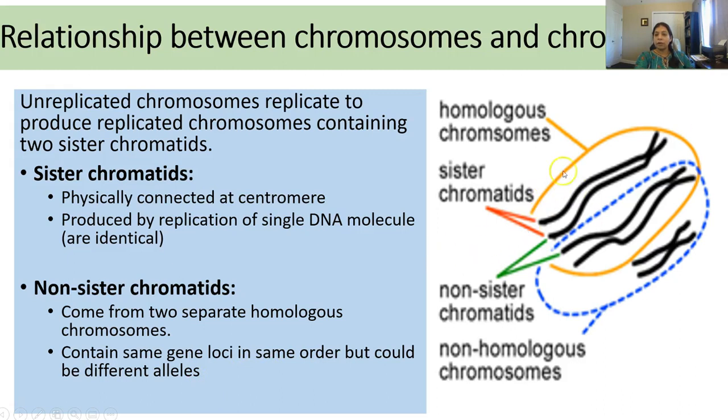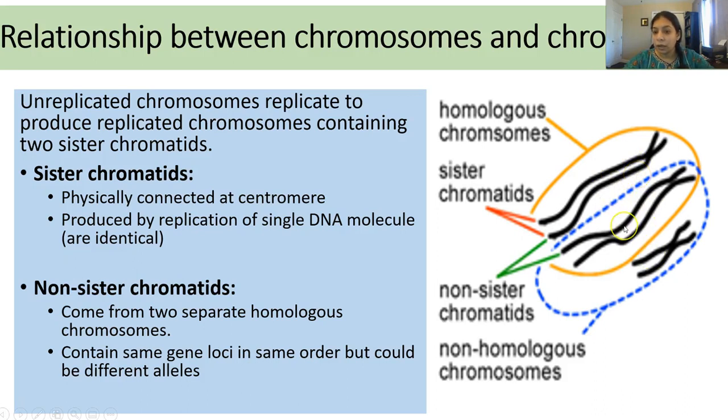So here is an example of non-sister chromatids. You have your homologous chromosomes. You have two chromosomes, one from your mom and one from your dad, of chromosome 2, let's say. Each of those replicates to give you the sister chromatids on each one, joined together. And so these two that are joined together at the centromere are sister chromatids.